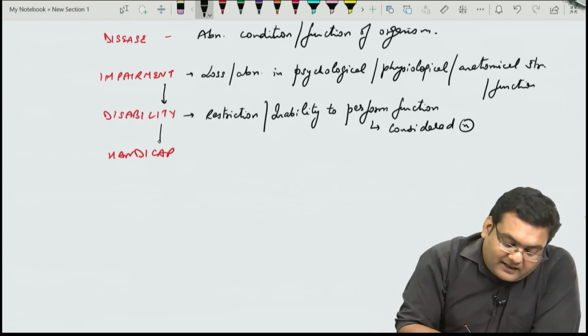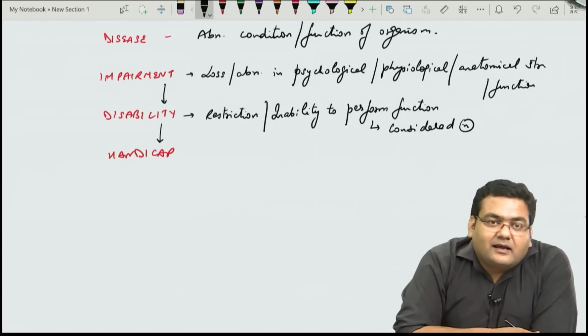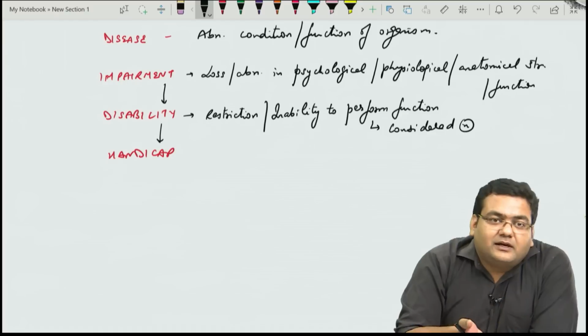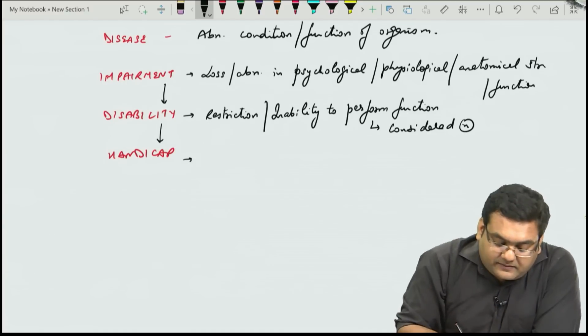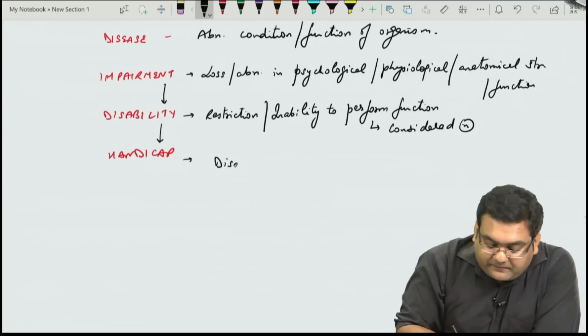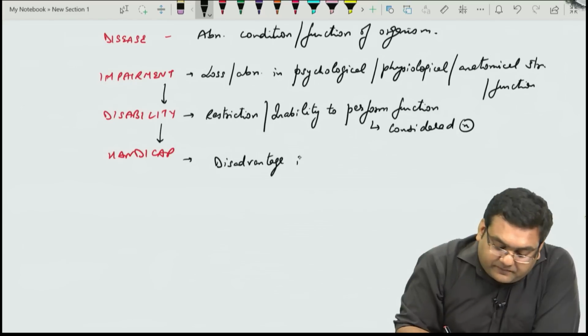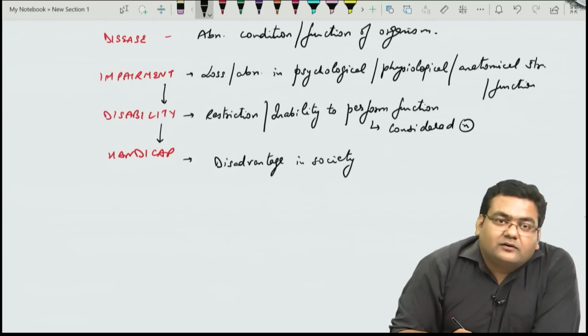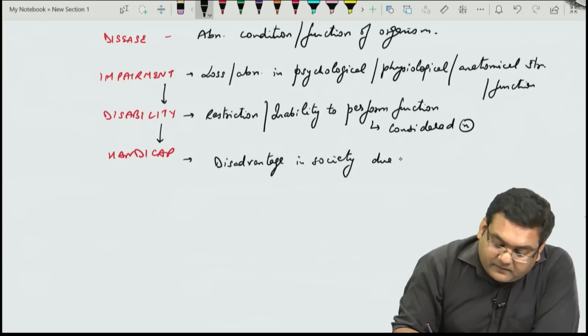Whereas what does handicap mean? Handicap means because of disability a person faces a disadvantage in society due to disability.